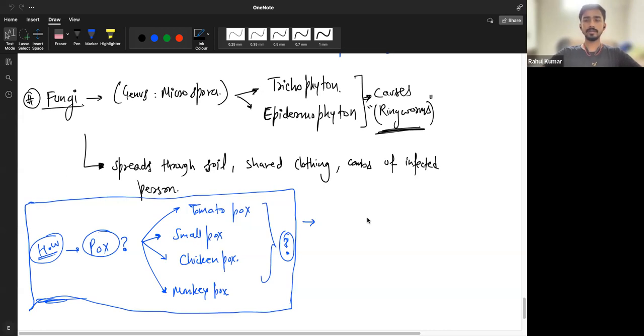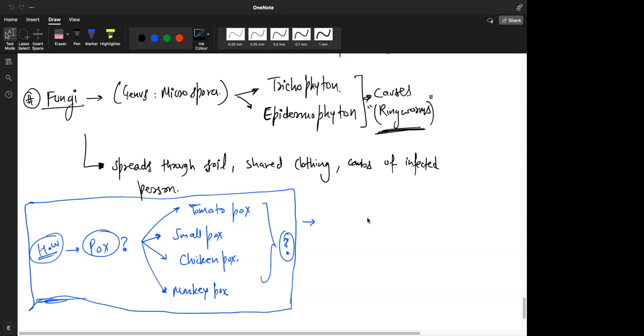Did you go back and look at their causative agents? What causes these poxes? So what did you figure out? Smallpox is also known as variola. It is an eradicated virus that used to be contagious and often deadly.